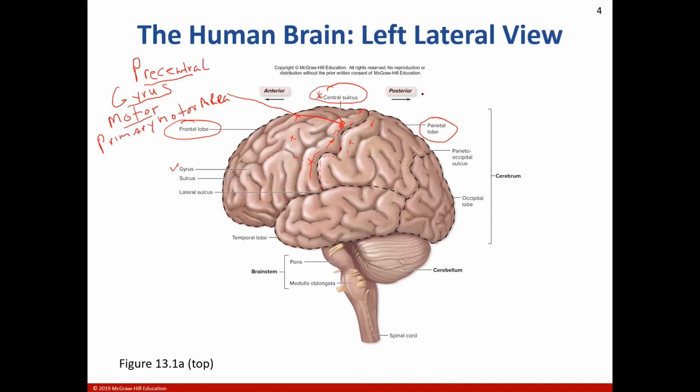And again, in lab, you might see some different colors. So the one behind, posterior, on the parietal lobe, the gyrus, is called the postcentral gyrus. And this is your primary somatosensory area.